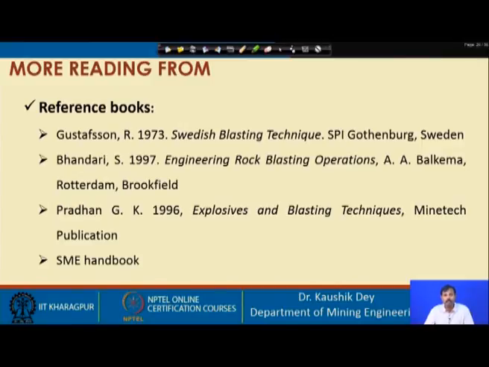All the design parameters have to be fixed from the understanding of explosive rock interaction. Basically this gives us the idea about the burden, and the rest of the parameters can be determined if we understand what the burden should be for a particular condition. So, that is all for the explosive basics of blasting.